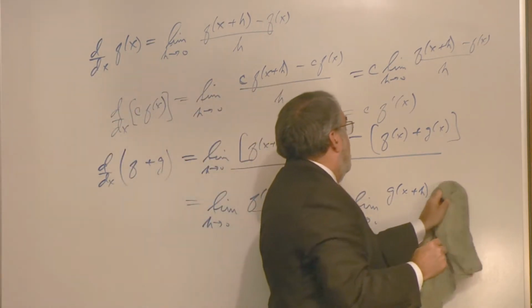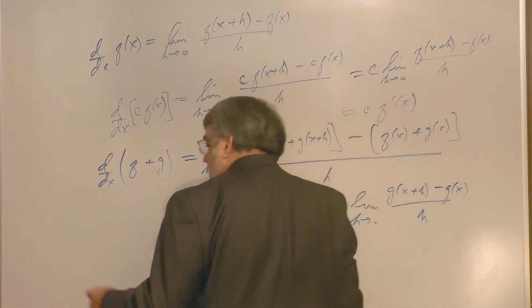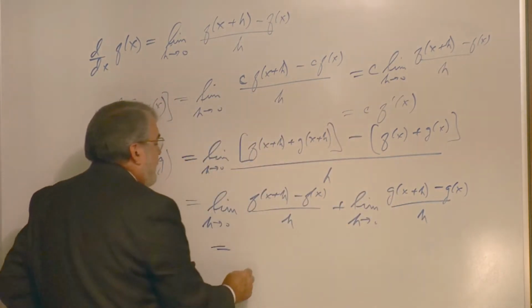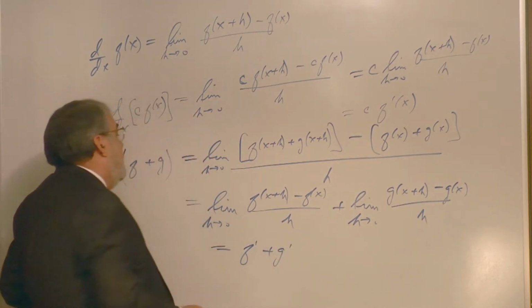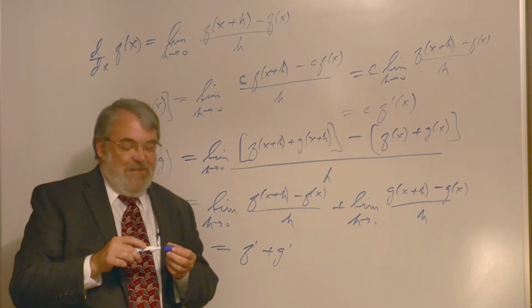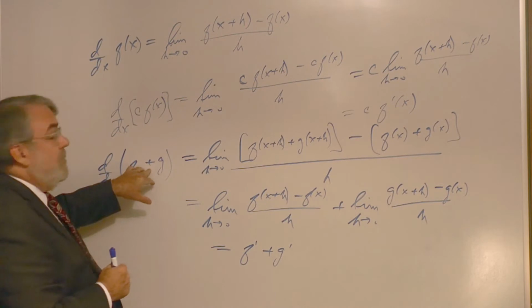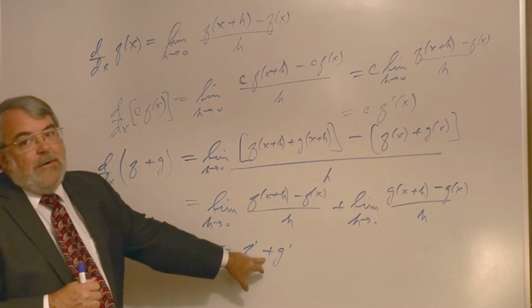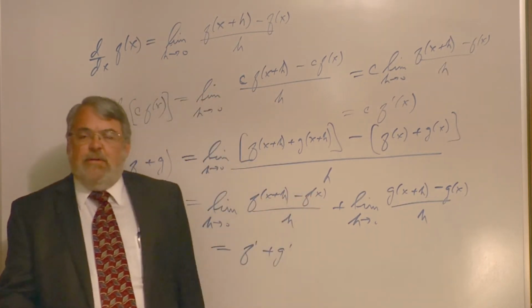The minus sign distributes across there, over h. And look at that, very simple. So what we have is f prime plus g prime. So the derivative of a sum of functions is the sum of their derivatives. And if you put a minus here, that would be a minus there. You would just have to deal with the signs. So anyway, I wanted you to see why that works.